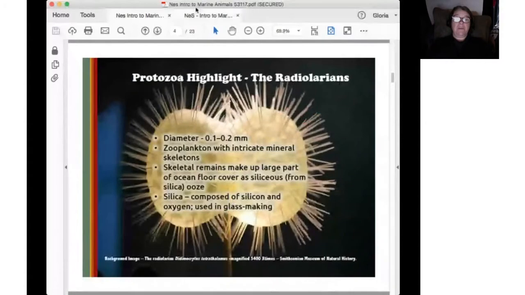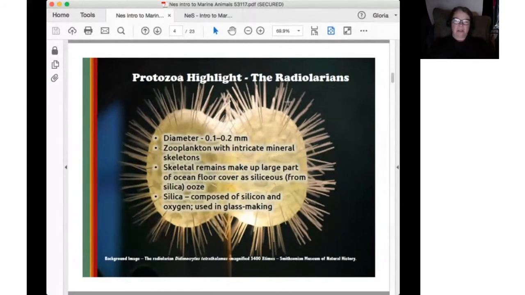Here we have a protozoa highlight. So I'm going to be highlighting certain marine animals in this presentation. So this one's a highlight of radiolarians. Have you guys heard of radiolarians before? Chat yes or no. So these are very tiny, microscopic, 0.1 to 0.2 millimeters. They're zooplankton with intricate mineral skeletons. And here's what one looks like in the background.